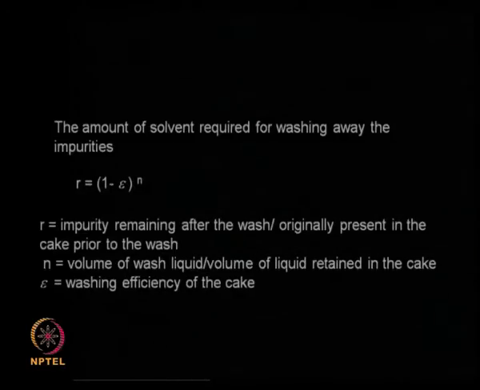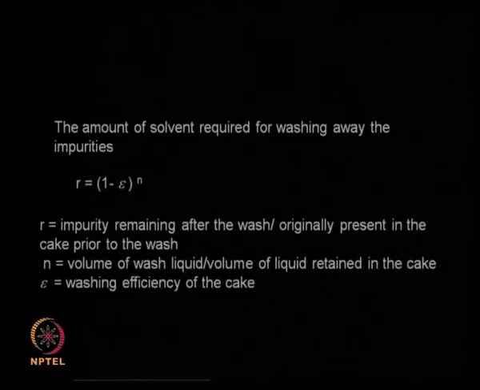Now you want to calculate how much solvent or water is required to wash the cake so that we can purify the cake to a high level, or remove the amount of impurity present.